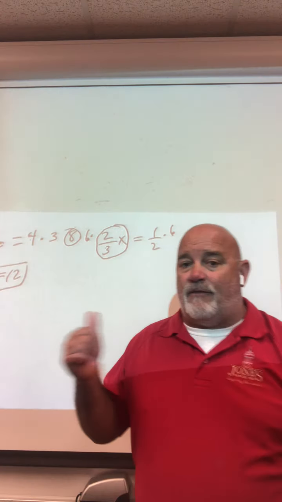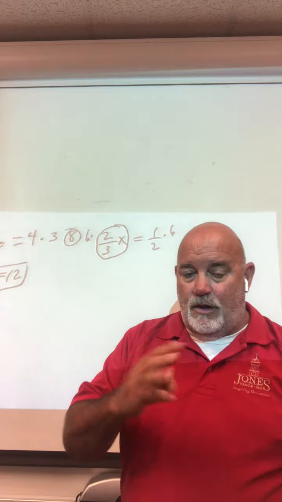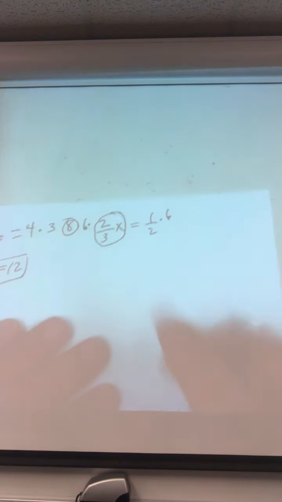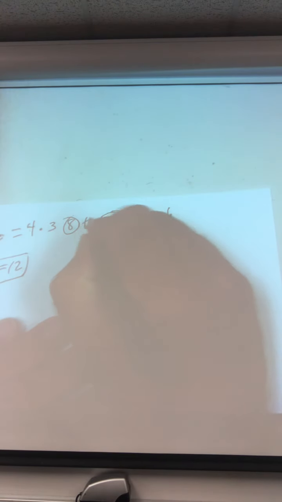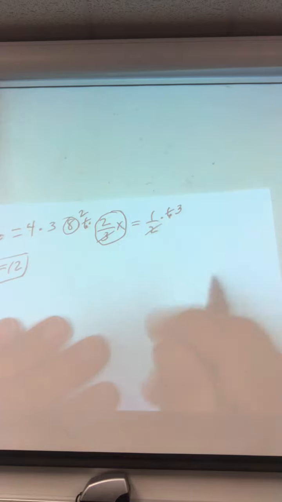You'll hear me say this every single time right here. Cross cancel first before you do anything else. Because the purpose is to get rid of the fractions. 3 goes into 6, 2. 2 goes into 6 3 times. Now all of the fractions are gone.